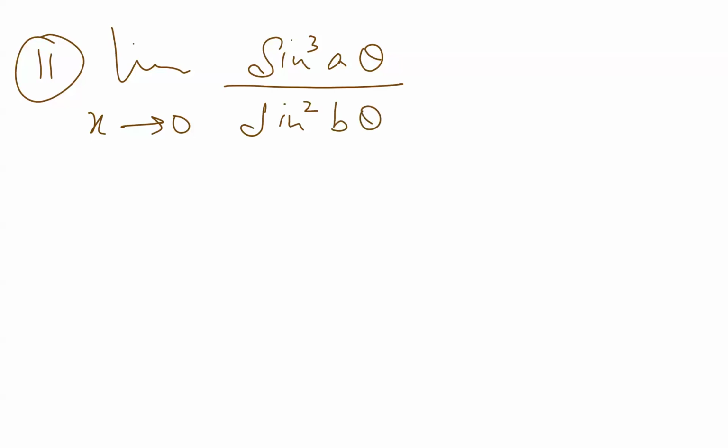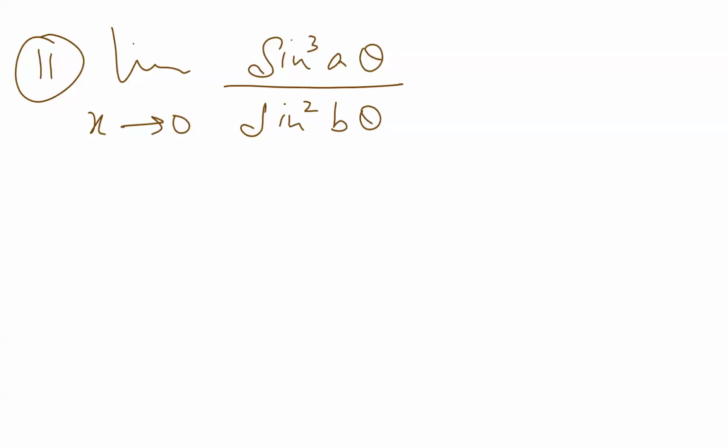Now, rather than me telling you, you tell me whether we can group the sines. Only tell me yes or no. There is sine up, there is sine down. Can we group the sines? No. We can't because the angle is different. No, that is not the reason. We can't because the angle is cube in the numerator and square in the denominator. Correct.